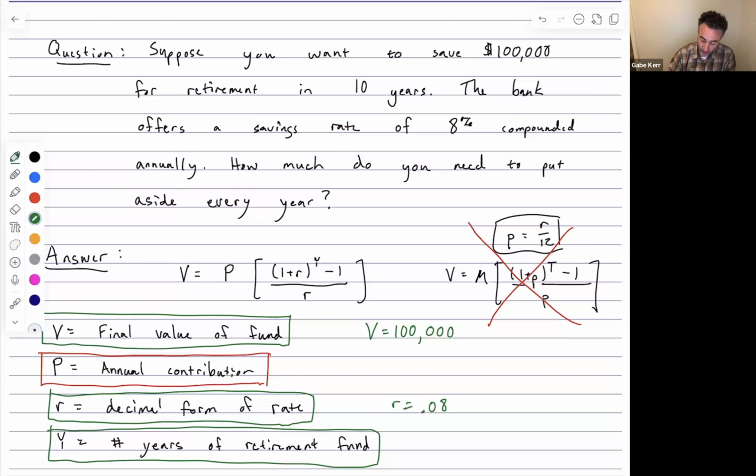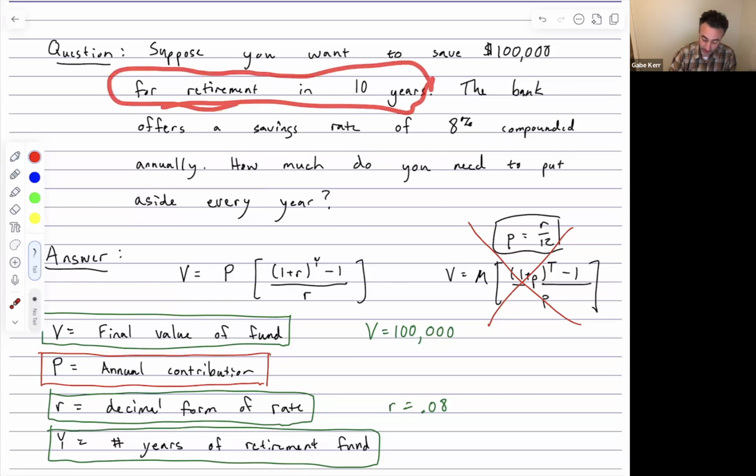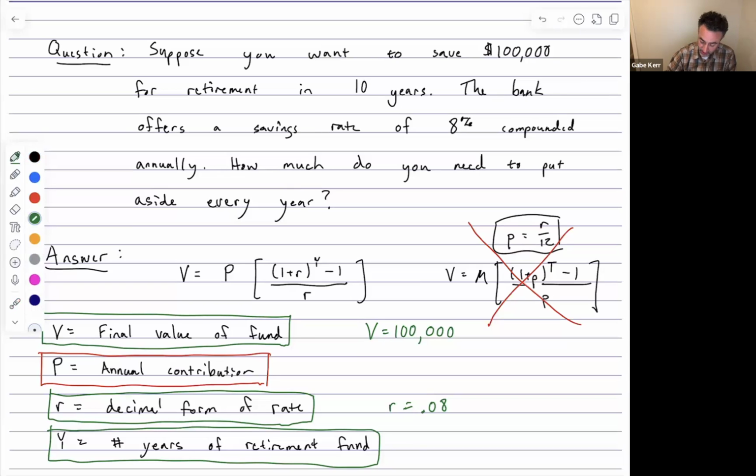So we are given R as well. And then Y is the number of years of the retirement fund. And if I look up in here, I said that I'm going to retire in 10 years. So the answer for Y is 10.